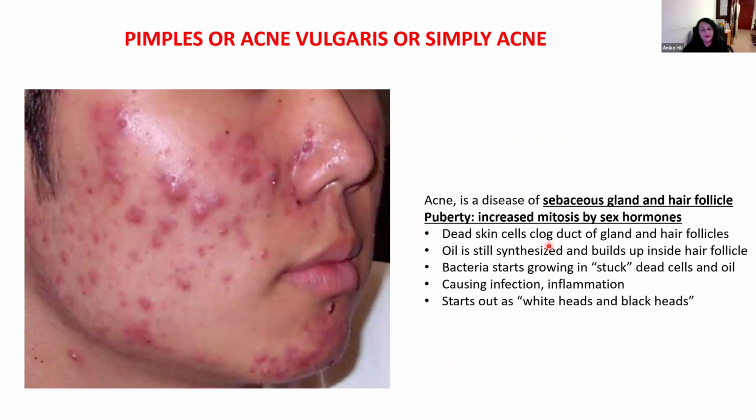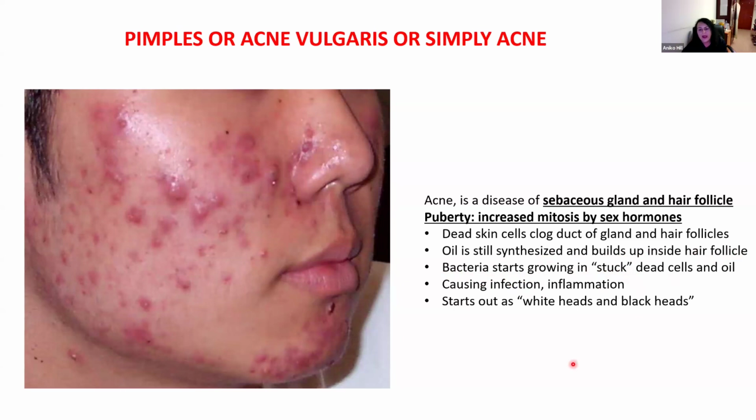But the oil synthesis never stops. So the dead cells are going to start building up inside the hair follicle. And the moment there are dead cells and backup of any kind of secretion or fluid, bacteria is very happy. Breakfast, lunch, and dinner, they look at it as their food.